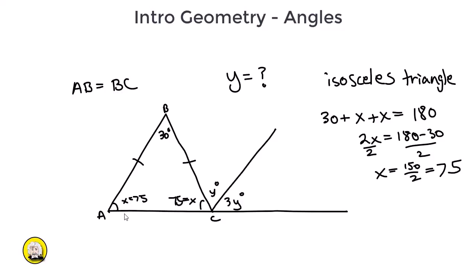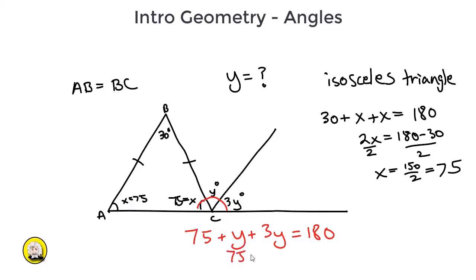And now we can go about solving for Y. 75 degrees plus Y plus 3Y are angles along the line, and therefore sum to 180. So 75 plus Y plus 3Y equals 180. Now we set up another equation in terms of Y, and we can solve for Y and answer our problem.